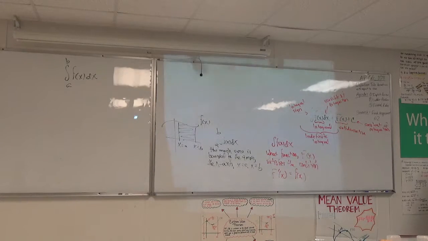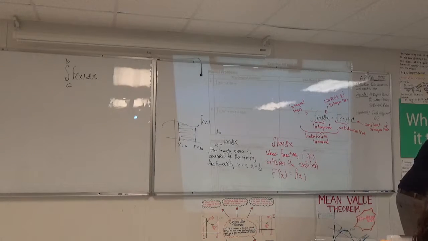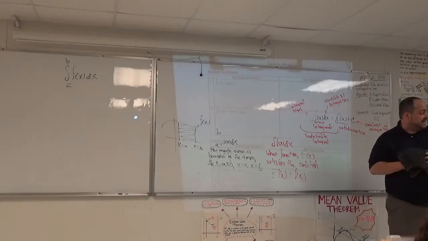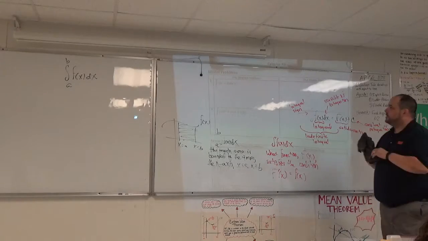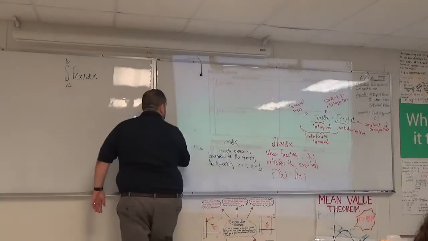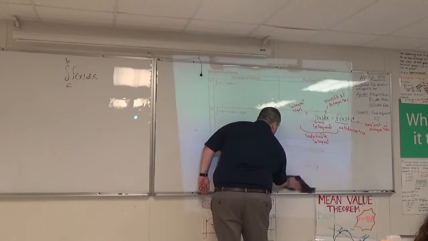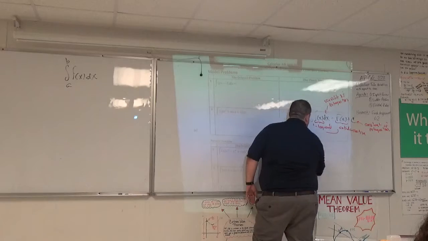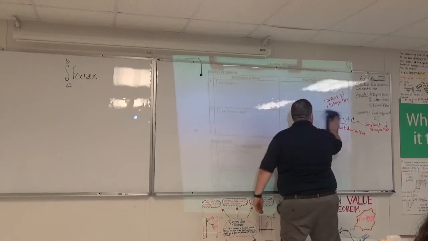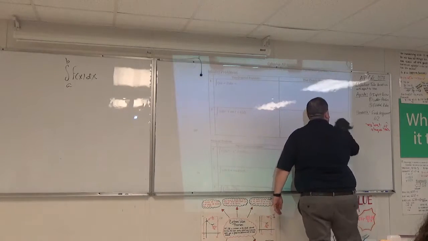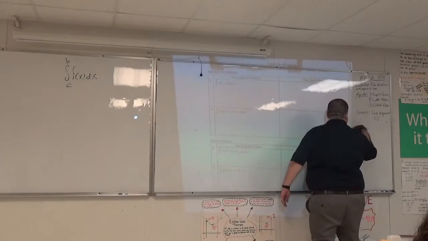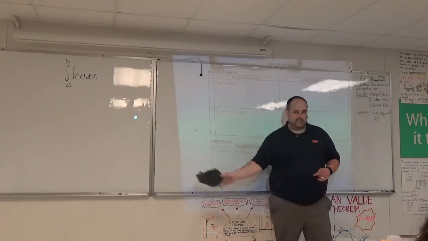Aaron, can you tell me, how would you read this first one? The indefinite integral of 6x minus 2 with respect to x. Tell somebody near you, what does this mean? What's the question that I'm asking?